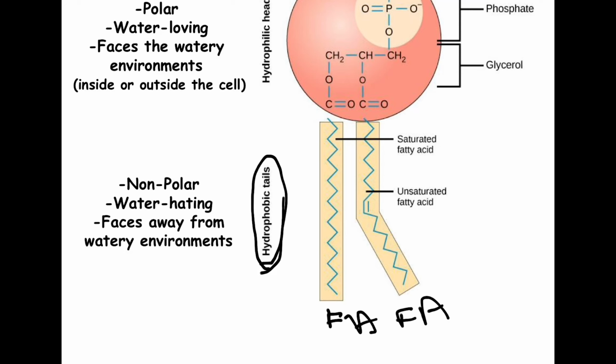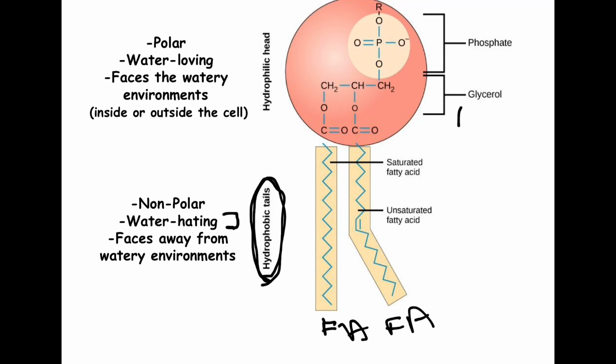Because it's hydrophobic and hates water, we call it water-hating, and it tends to face away from the water. So it will not be facing outside or inside of the cell. And because it doesn't have those functional groups like the phosphate we saw up here, it doesn't have that pull or that charge, so it's nonpolar.